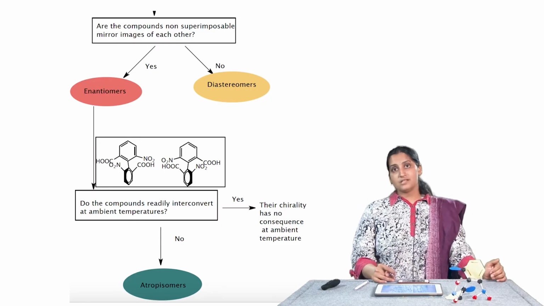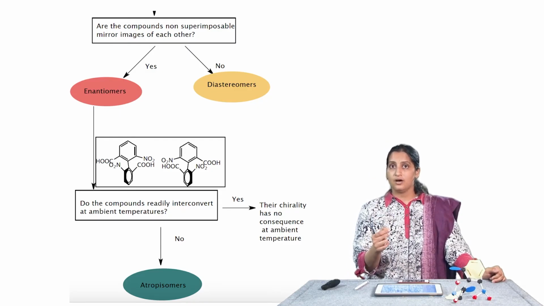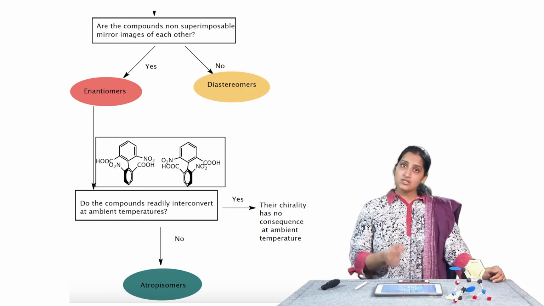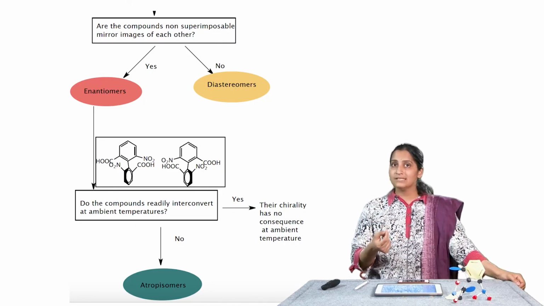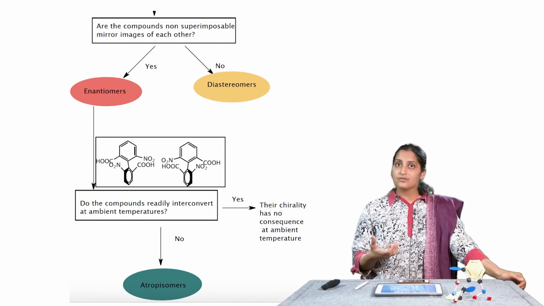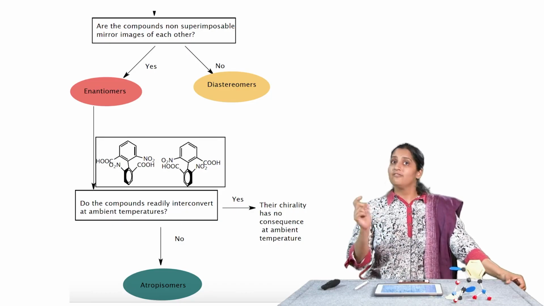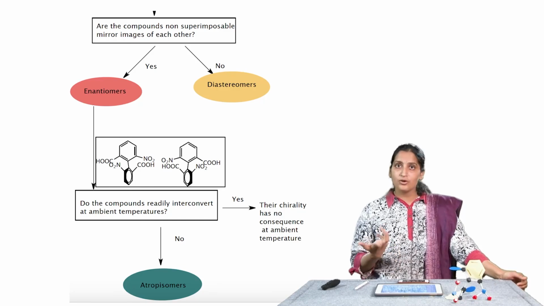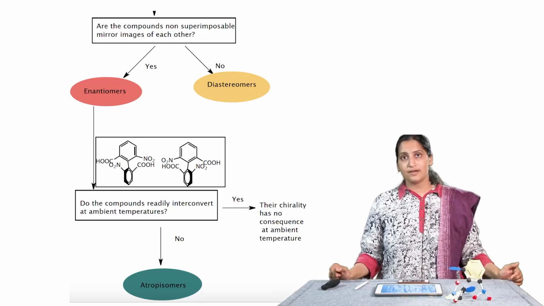Further, for enantiomers, we can ask one more question: do the compounds interconvert readily at room temperature? If the answer is no, then you have a pair of atropisomers. If the answer is yes, then it is more like the two gauche conformations of butane, where they can easily interconvert and their chirality plays no effect, because you are not able to separate the compounds at room temperature very effectively.